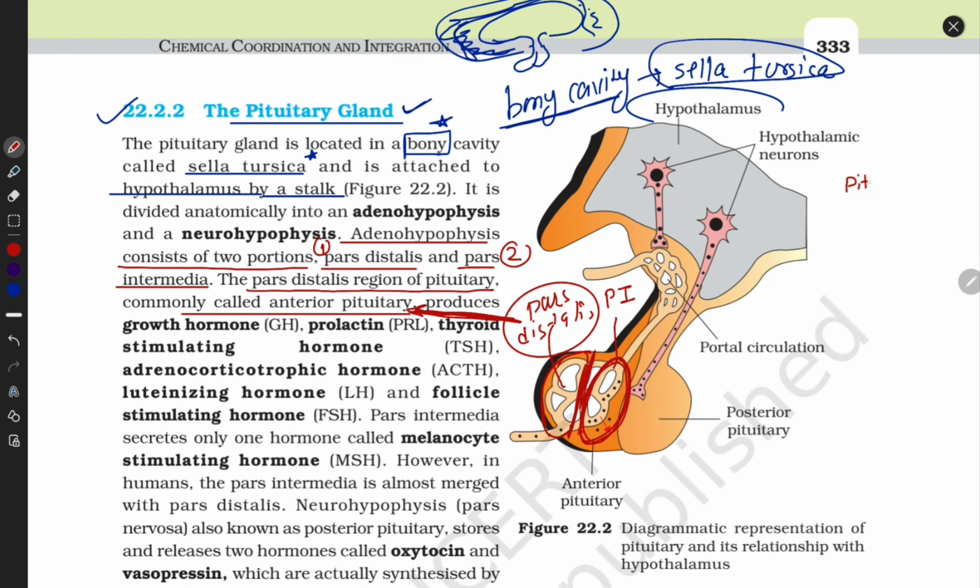The pituitary gland is divided into two parts: adenohypophysis and neurohypophysis. The adenohypophysis is further divided into two parts: pars distalis and pars intermedia. The pars distalis is also called the anterior pituitary. This portion produces lots of hormones.